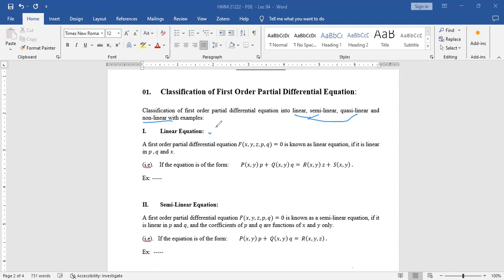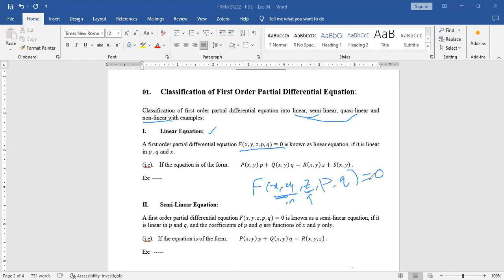We have already seen linear equations in our types of equations. For a first order partial differential equation, it can be written in this way. It may have x, y, z terms, where x and y are the independent variables and z is the dependent variable, along with p and q.